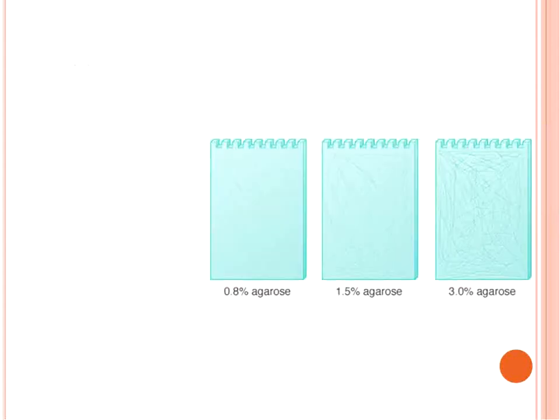Okay. Now let's talk about agarose concentration. Remember, we are going to make agarose solution, and you can make different concentrations: 0.8%, 1.5%, 3%. What does that do? By the way, if I say I want 1% agarose, what do I mean by that?